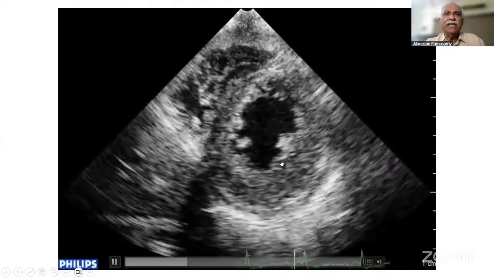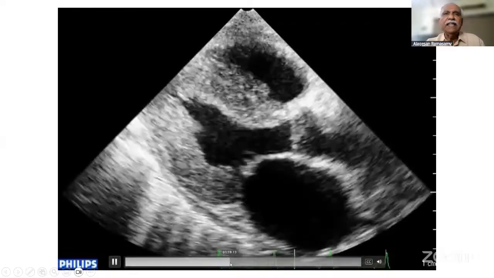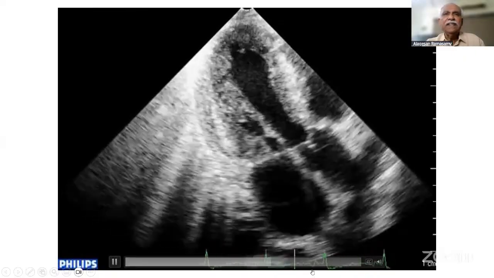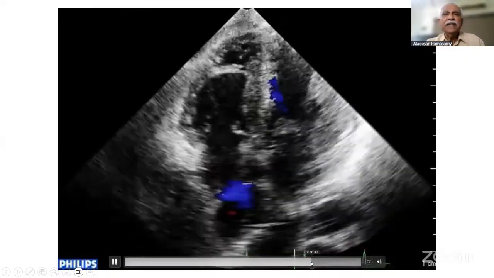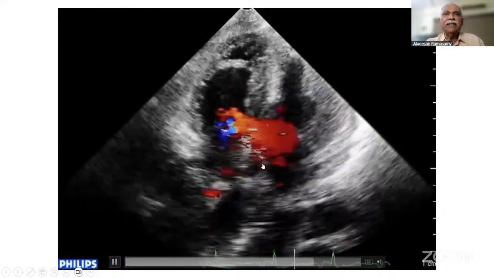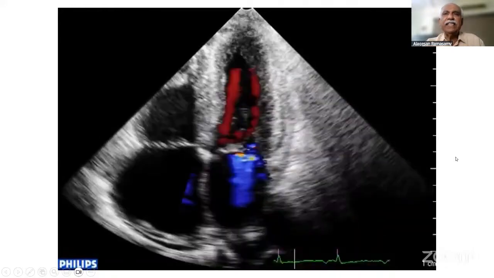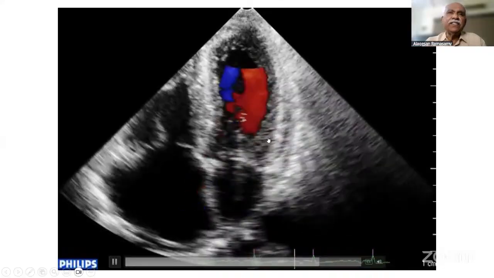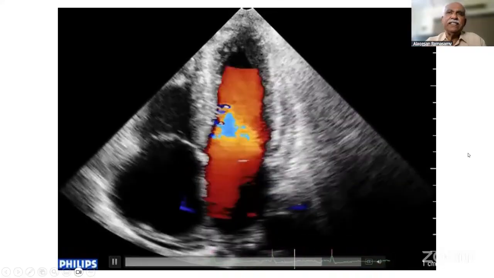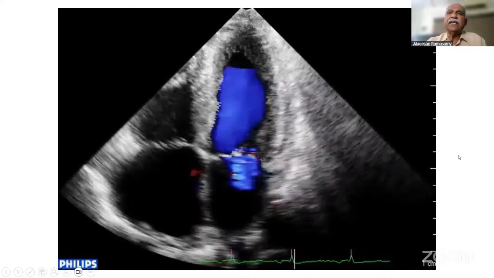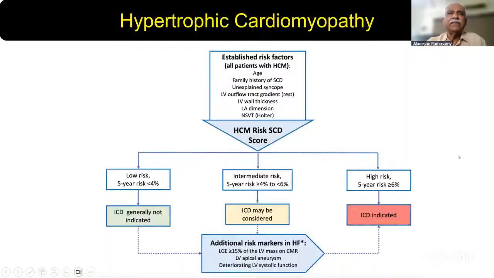The entire left ventricle is hypertrophied again. And you can look at the interatrial septum, which is also significantly thickened in this patient. Of course, we have to do other tests to clinch the diagnosis of amyloidosis.